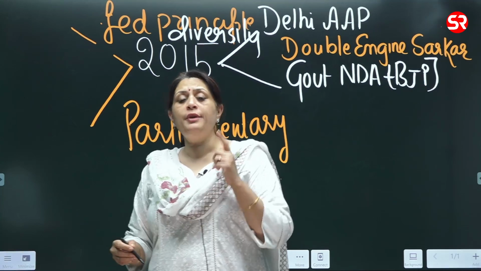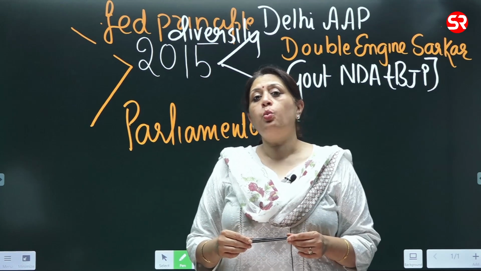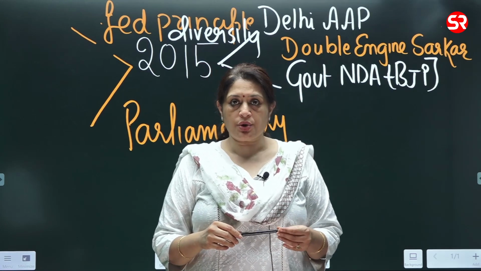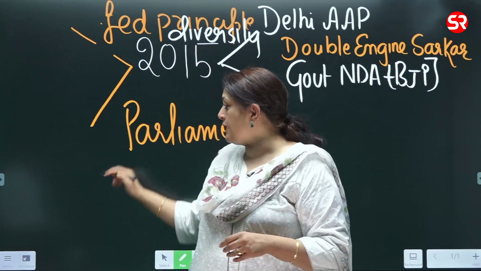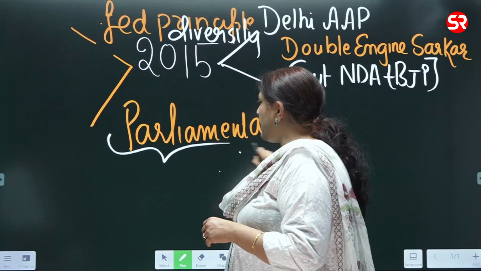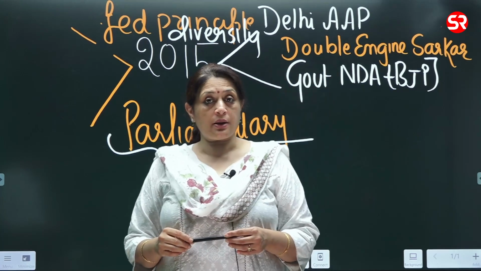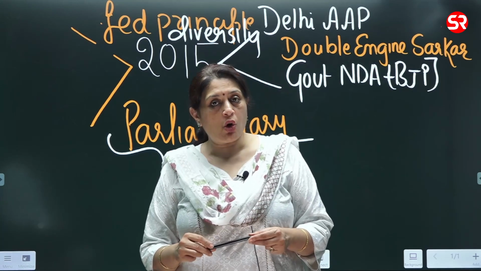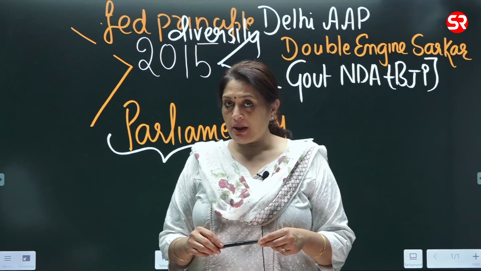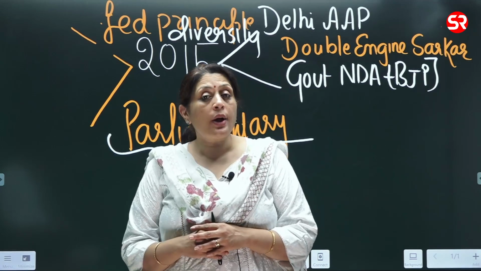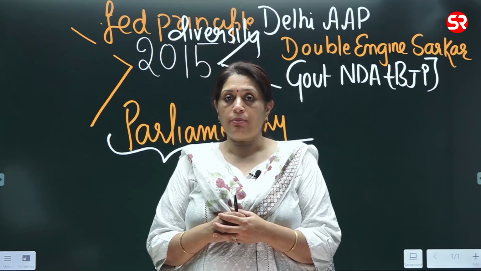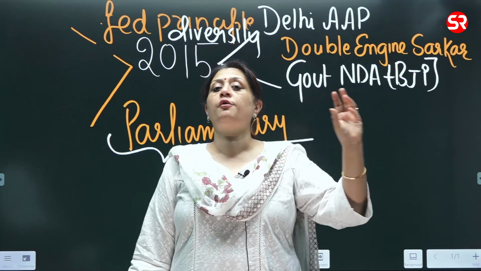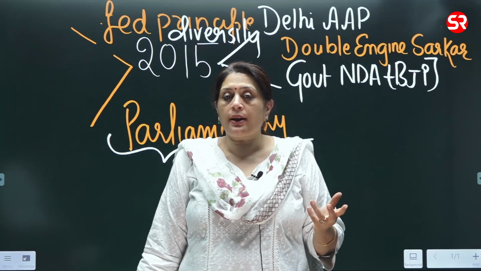Now, we have to understand one theoretical anomaly in the Indian Constitution, that we have adopted the parliamentary form of government. How does that matter? Because ideally speaking, if you have a federal form of government, then you should have a presidential form of government. Why?